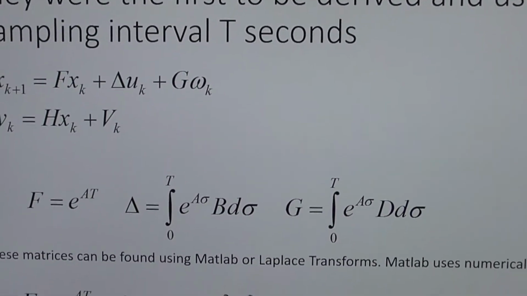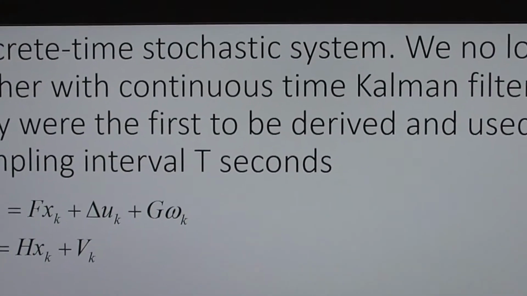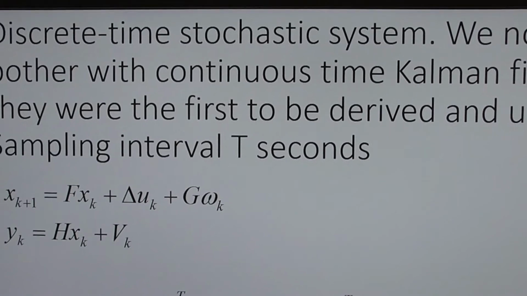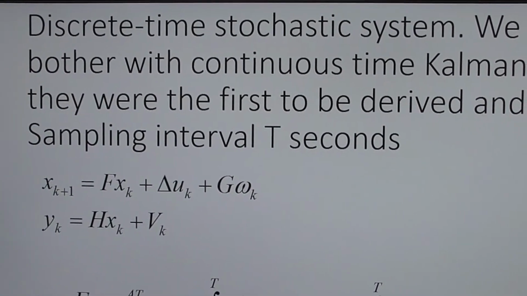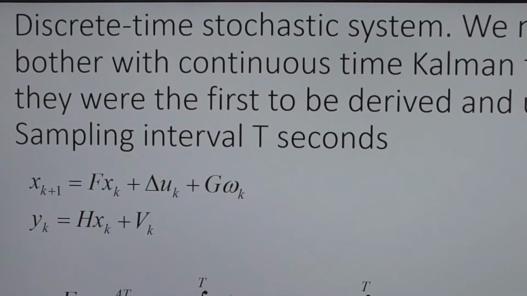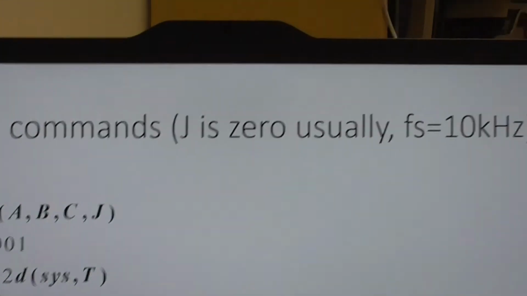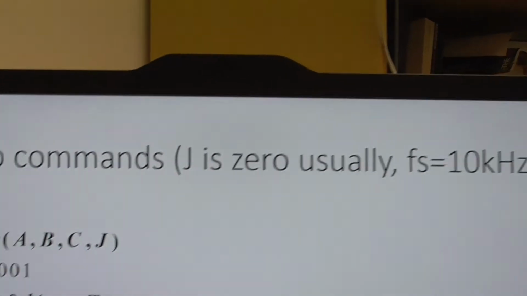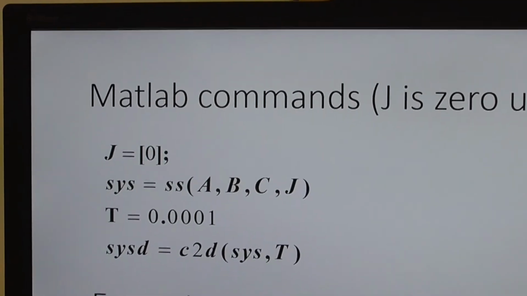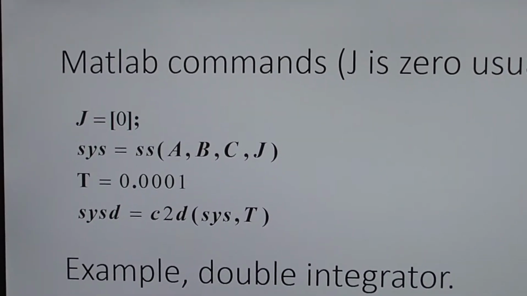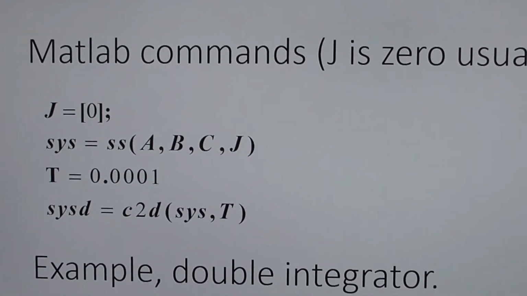So we can quite easily nowadays, there are commands in MATLAB to get a discrete system. We need to know what the sampling interval is. I'm going to be sampling at 10 kilohertz for the examples used here, so T is 0.0001 of a second. So here's the MATLAB command. I've defined this thing J, which is a null matrix. That's necessary, that's like the D matrix in state space, and the reason I've called it J is because I'm using D for something else.